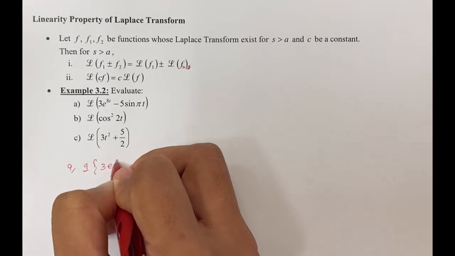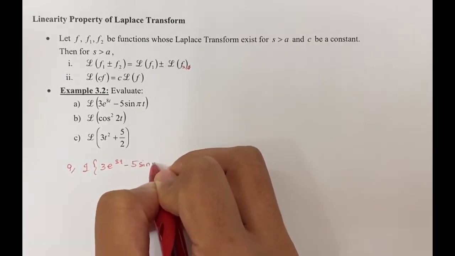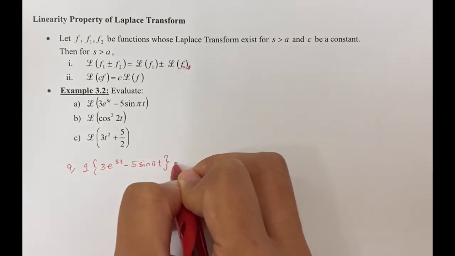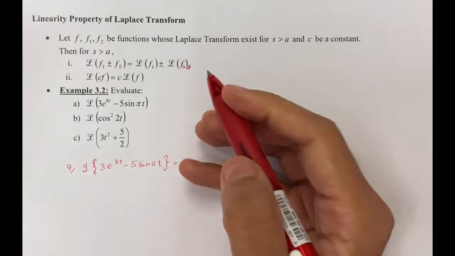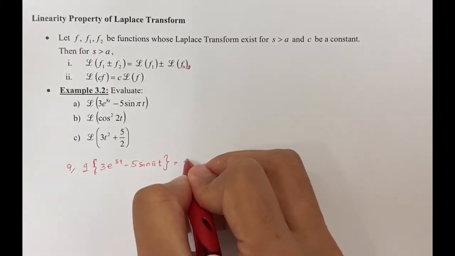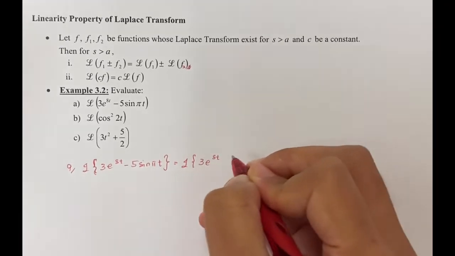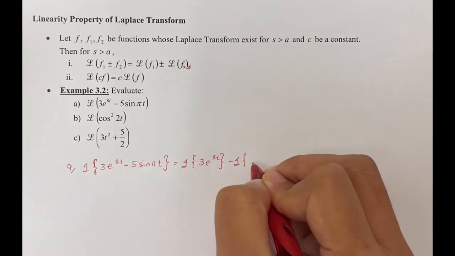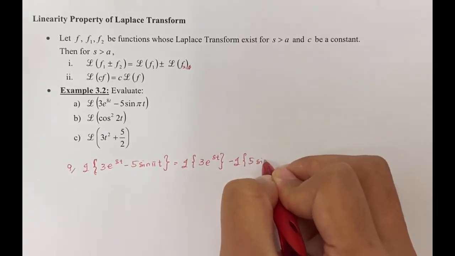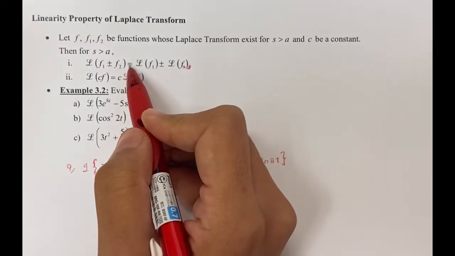3 exponent 8t minus 5 sine pi t. Okay, by using the linearity property, we can write this as Laplace transform of 3 exponent 8t minus Laplace transform of 5 sine pi t, using the first property.